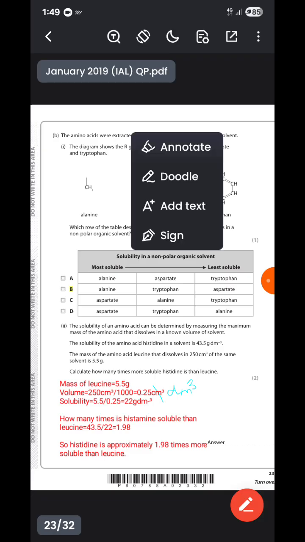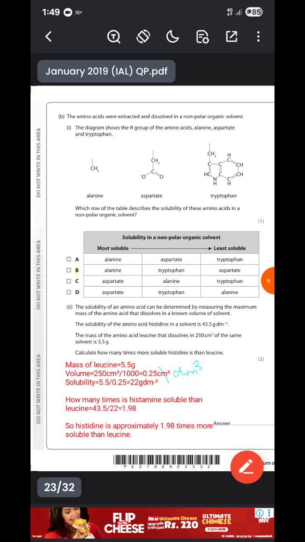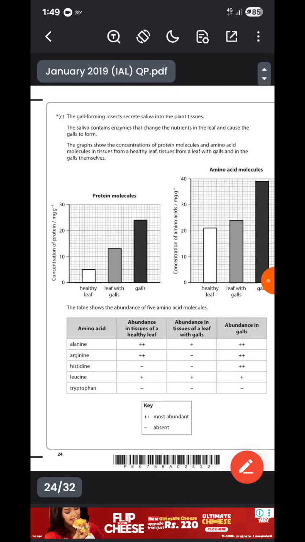So histidine is approximately 1.98 times more soluble than leucine. Okay, so that's that. I hope you understand how I got the answer. So I've written it by process so that you all can understand how to get the final answer.